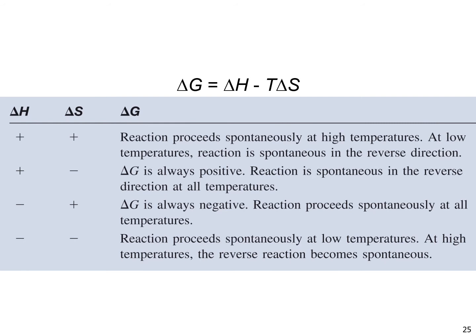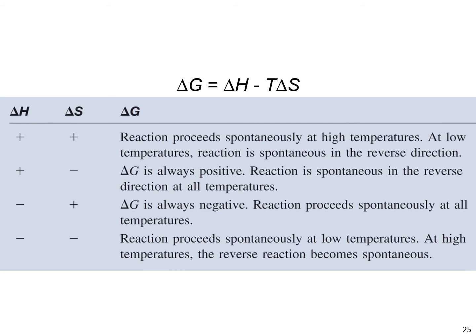You can also predict how to make the reaction spontaneous by changing the temperature. The only variable here is temperature. But remember, temperature here is in Kelvin, and the only possible value is positive. A negative temperature doesn't exist, so you can assume temperature is always going to be positive.